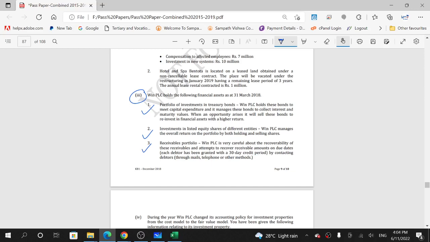Wind PLC holds these bonds to meet capital expenditure and manages these bonds to collect interest and maturity values. When an opportunity arises, it will sell these bonds to reinvest in financial assets with higher returns. So we discussed this under 2 tests.